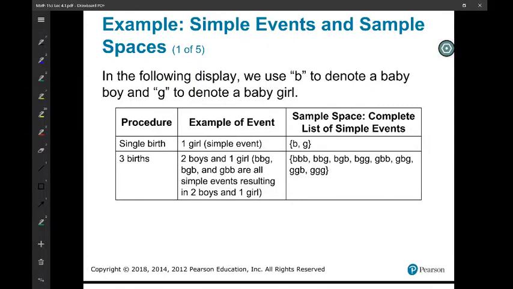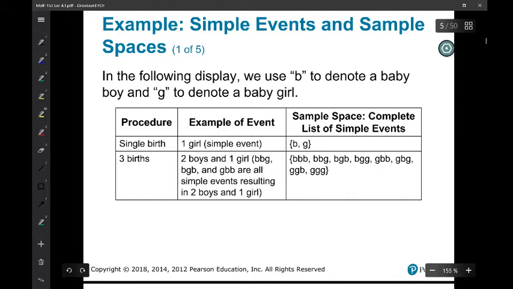We have an example here. A single birth could be one girl baby. The sample space of a single birth would be one boy baby or one girl baby. Suppose you were to have 3 consecutive births. Then one example of an event would be 2 boys and 1 girl.